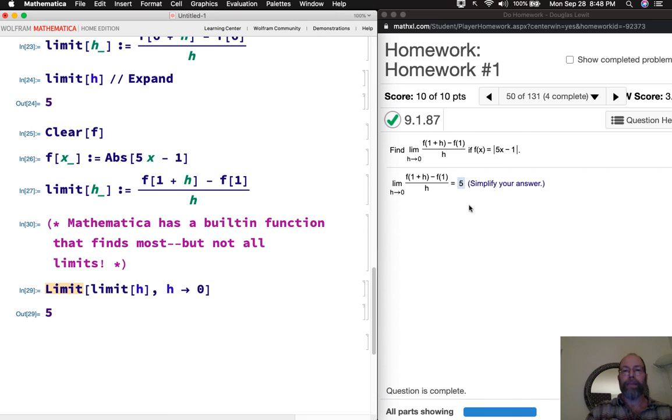If you want to try to find the limit by hand, that's fantastic. Go for it. But in this particular case, I'm not going to do it for you because I want you to do some of the work. I want you to sweat a little bit.